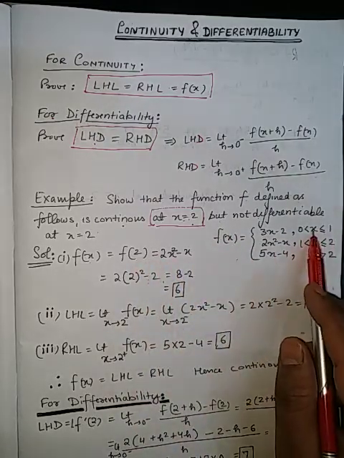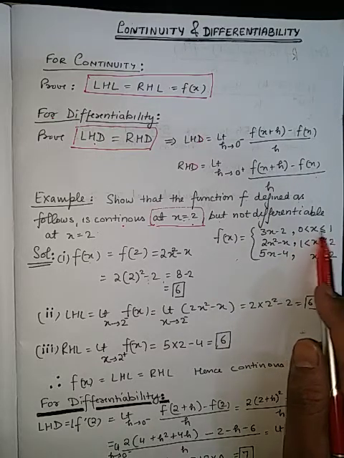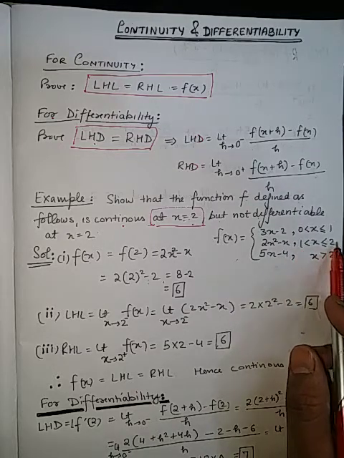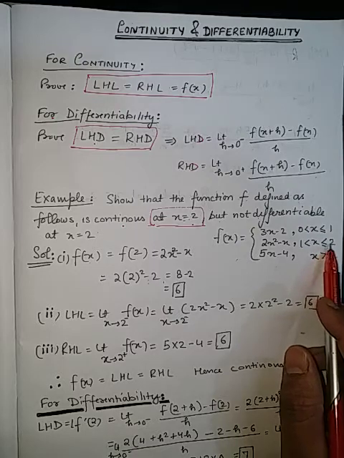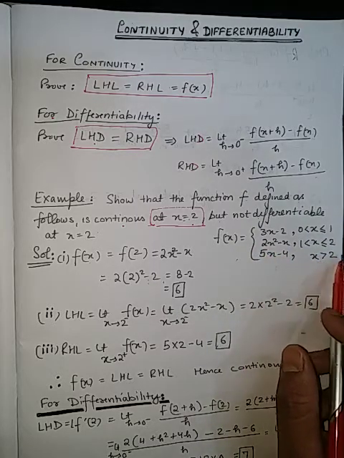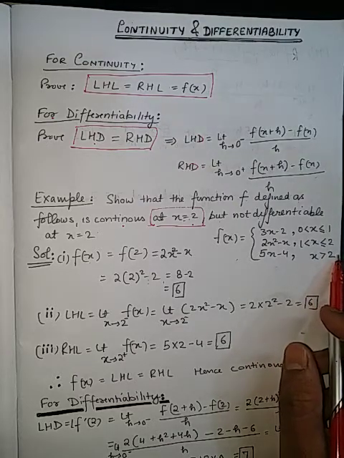See that this range is between 0 to 1. 2 is not there in this range. This range is between 1 to 2, greater than 1, and the less than or equal to sign is there. That means 2 belongs to this equation. In the other case, x is greater than 2, not equal to 2, more than 2.